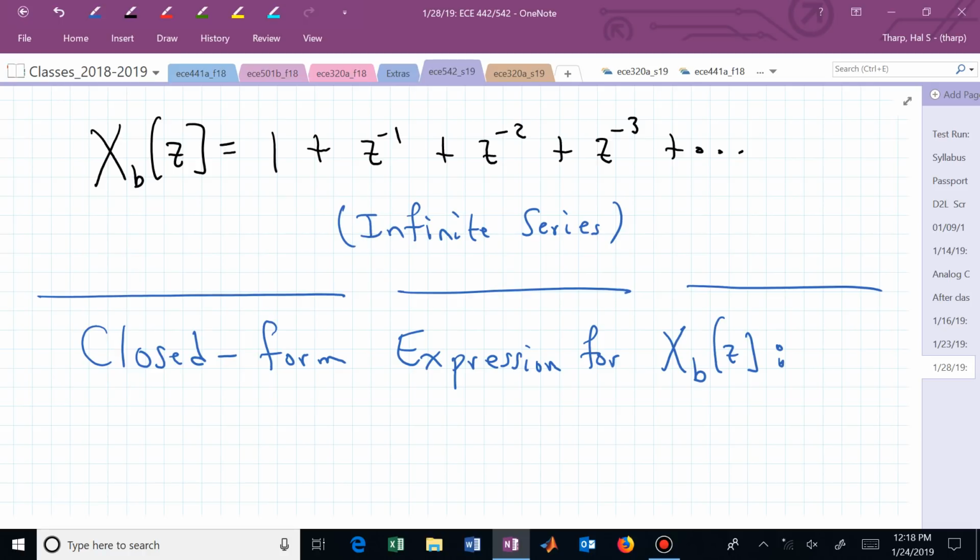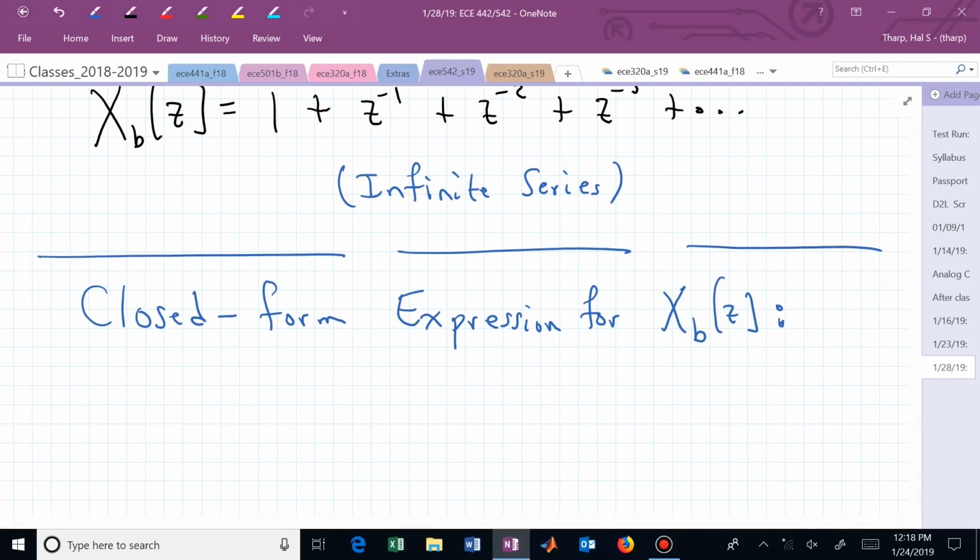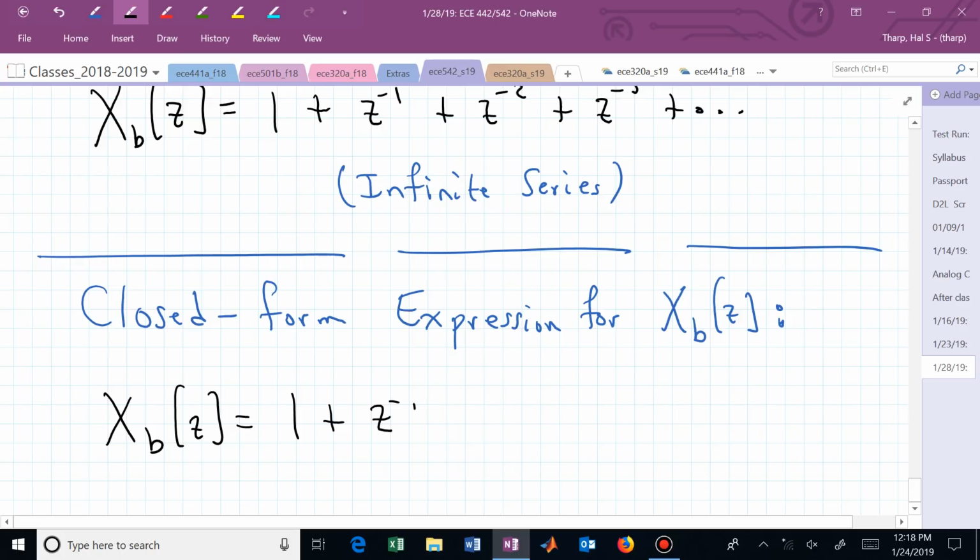We had something similar to this. We had some infinite series that we had to find a closed form expression for. So now let's look at x sub b of z.